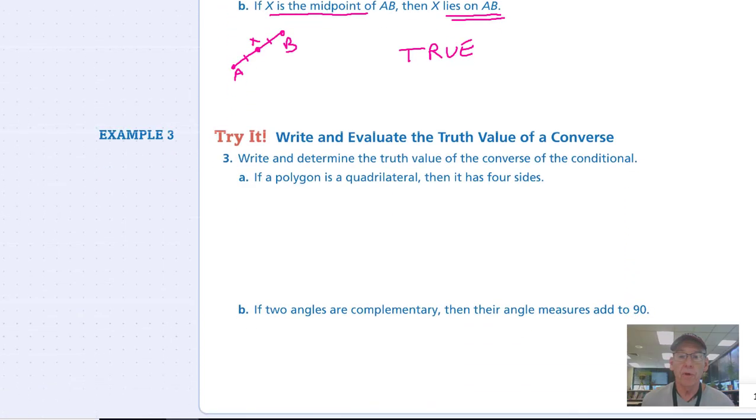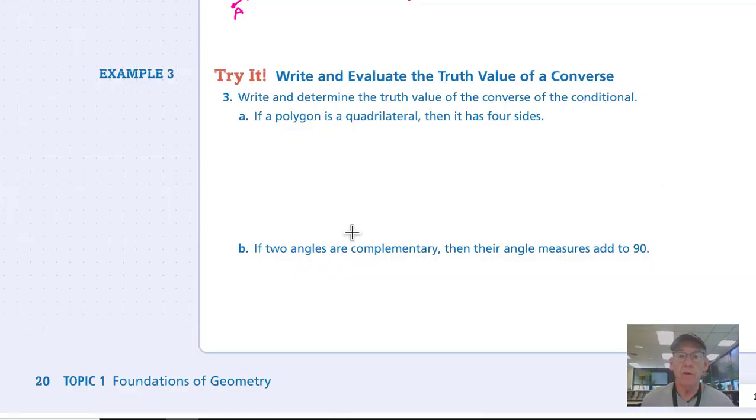So look at example 3. Write and evaluate the truth value of a converse. So if a polygon is a quadrilateral, then it has 4 sides. The hypothesis is a polygon is a quadrilateral. The conclusion is then it has 4 sides.